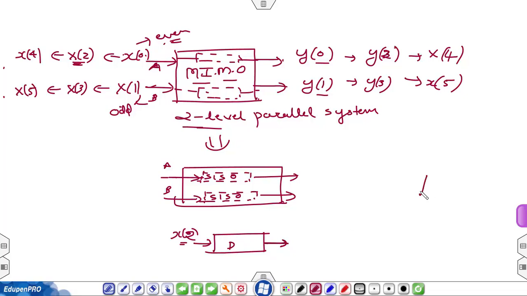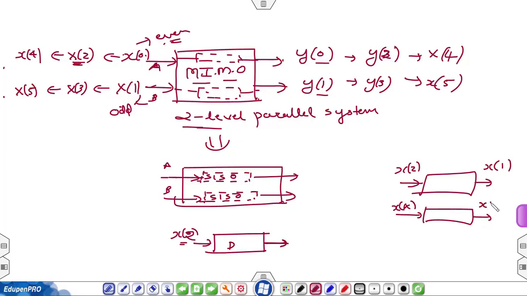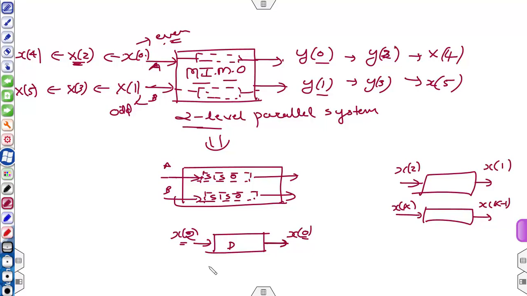In a conventional SISO circuit, if this is x2, the output would have been x1. If this is xk, the output would have been xk minus 1. But in this case, suppose this is x2, so what was the sample previous to x2? That is x0. If the sample input to this is x3, what came before x3? That was x1. So this delay element will store x1, and the same will be reflected at its output.